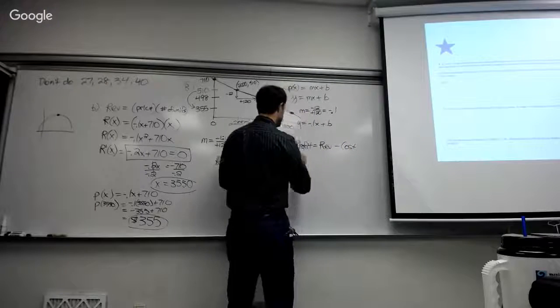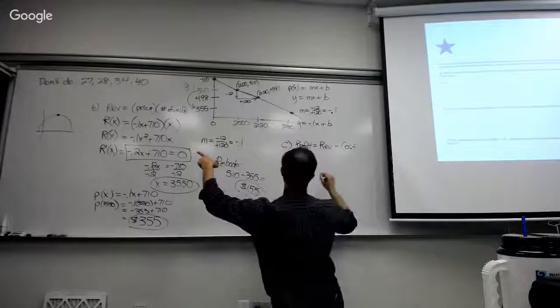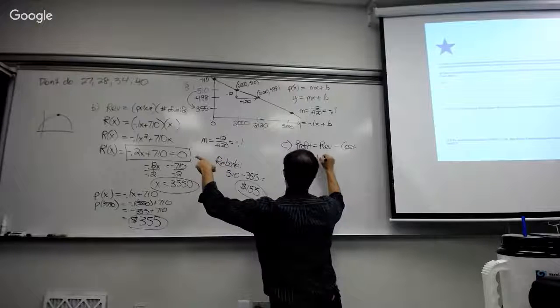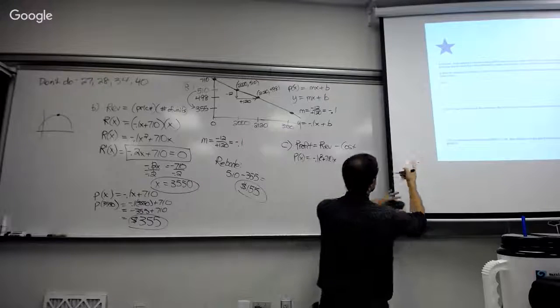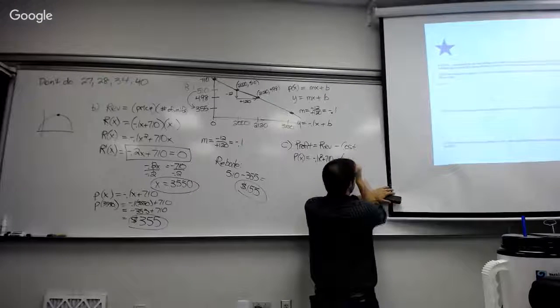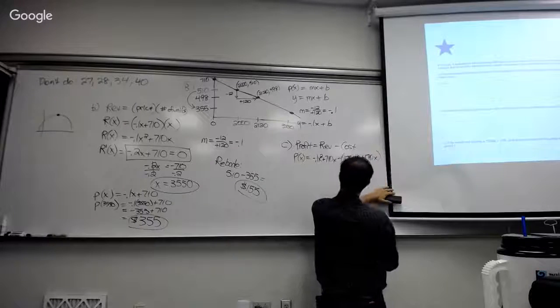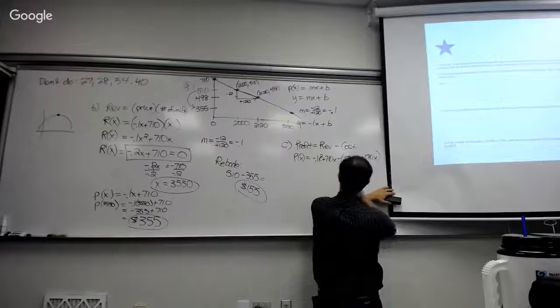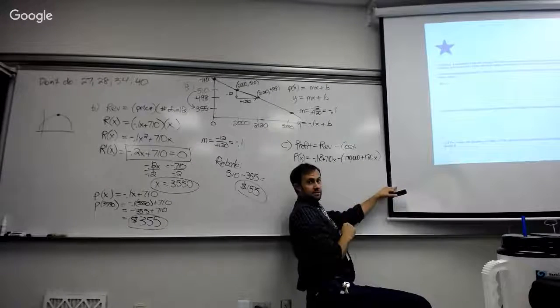And we do now know, so profit is revenue. We have a formula for revenue. It's negative 0.1x squared plus 710x minus the cost. And this cost function is parenthesis 170,000 plus 170x. So that's our profit function. Revenue minus cost.